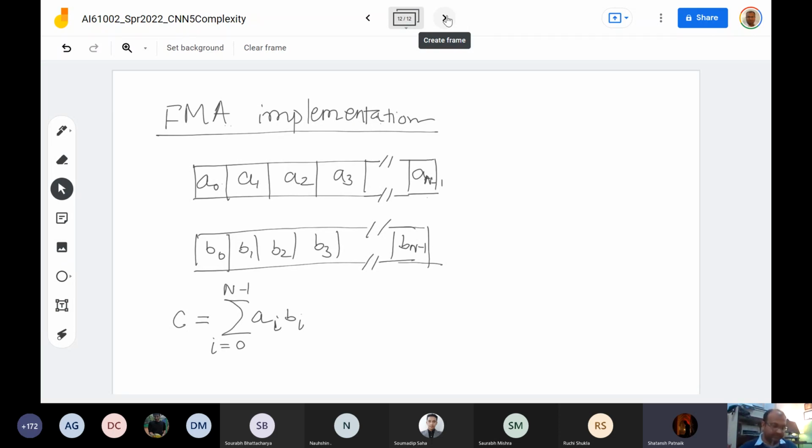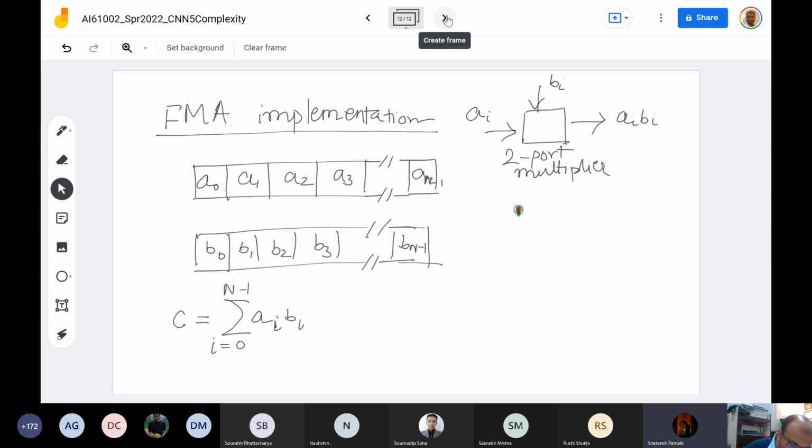Yes, sir. Okay. So here, on top of it, these processors will have a two-port multiplier, which is if I give it AI, BI, it produces AI times BI. So this is a two-port multiplier.